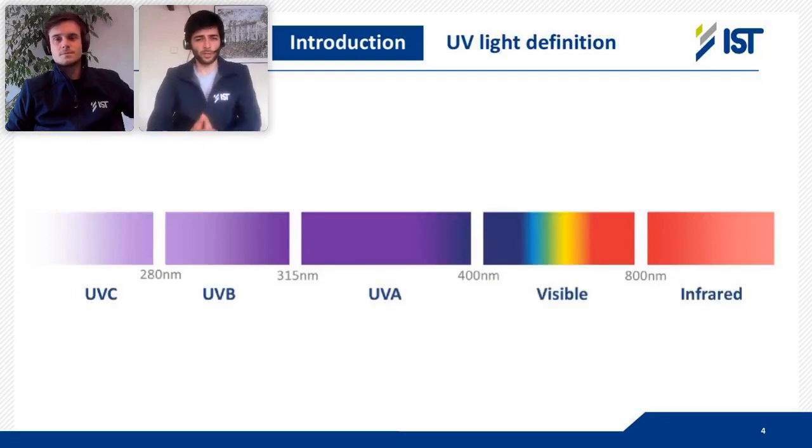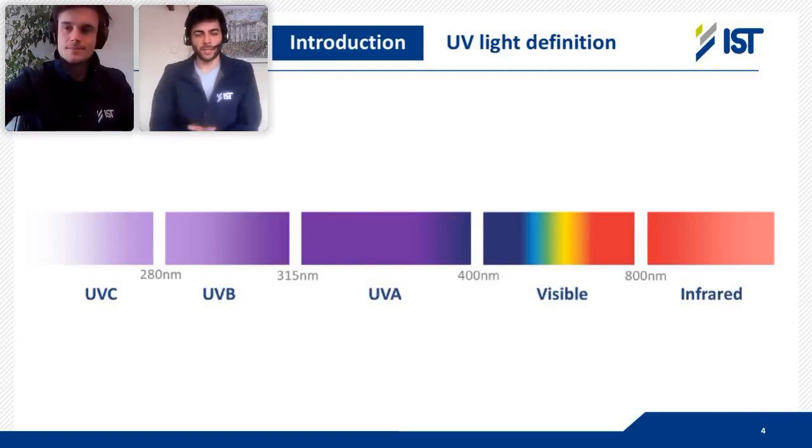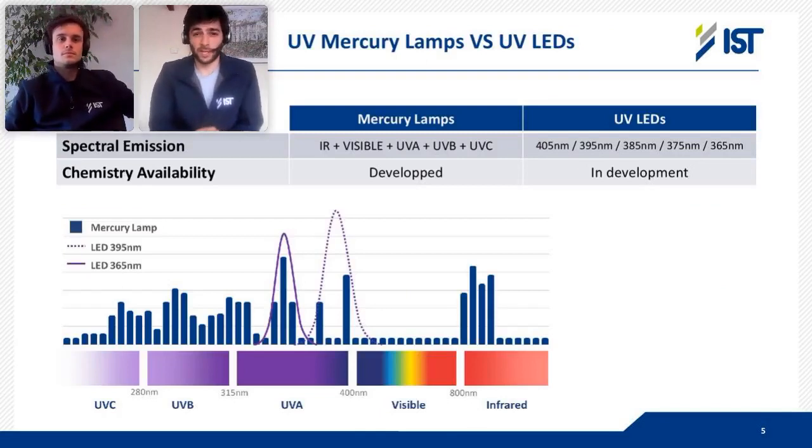First, just a quick reminder of the UV spectrum. The UV spectrum goes from UVC to UVA. And of course, the first difference between mercury lamps and LEDs is the spectral emission. Mercury lamps only emit 20 to 30% of UV, the rest is visible and infrared, whereas UV LEDs emit a narrow bandwidth at 365, 375, or 405 nanometer.